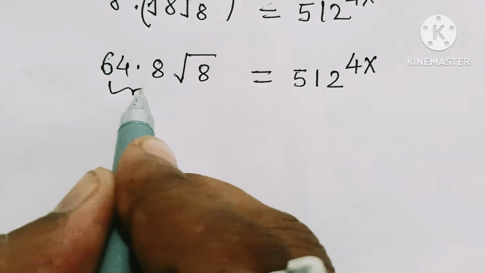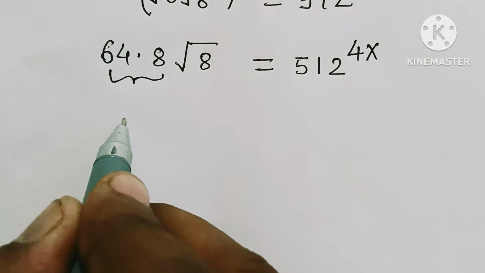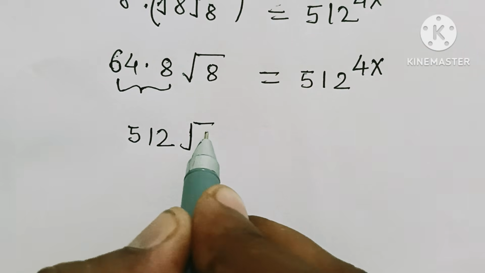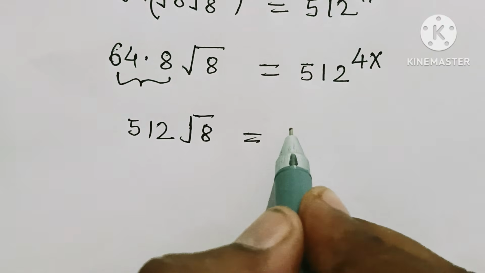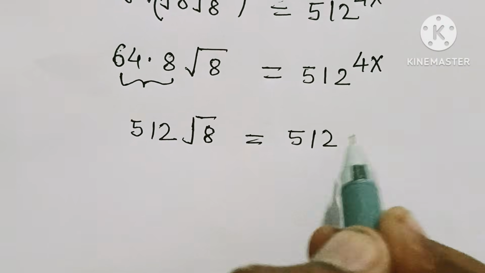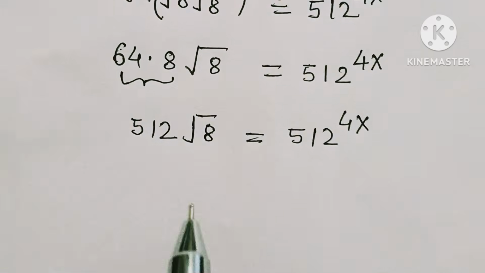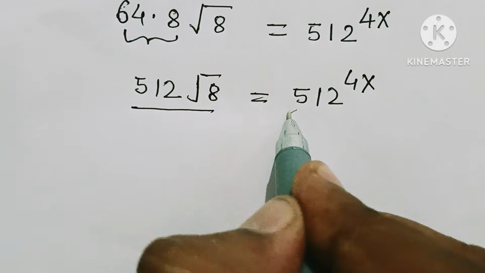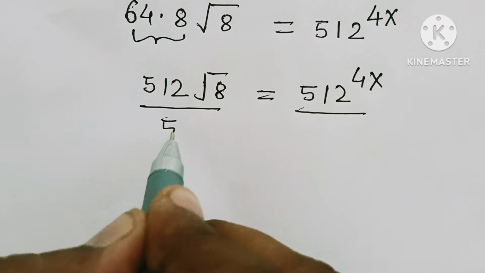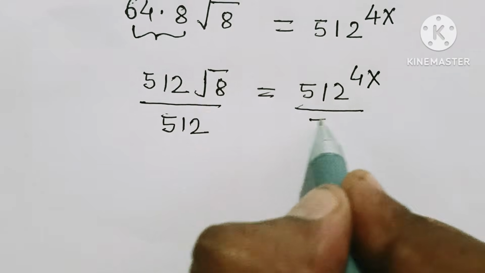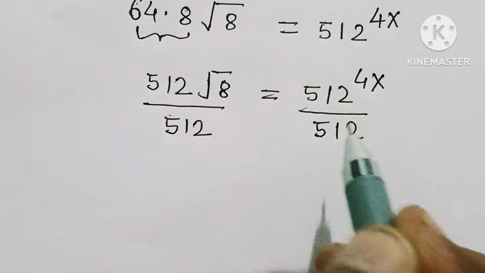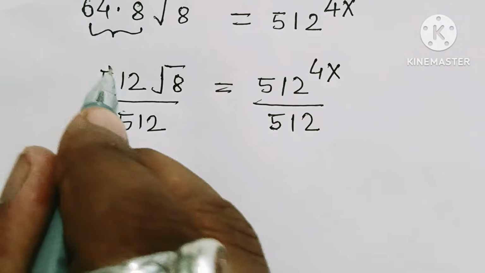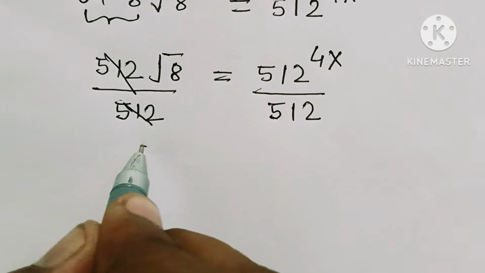Now 64 multiplied by 8 is equal to 512. Square root of 8 equal to 512 raised to power 4x. Now divide both sides by 512. 512 will be cancelled.